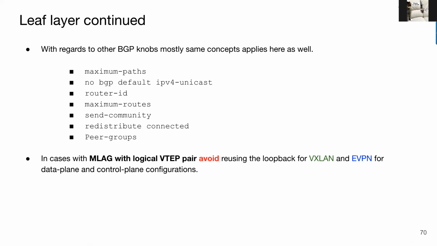Every VTEP is going to see, hey, this is an ARP request for me, and every VTEP will reply. And then next thing you know, that one host is going to be getting all of these ARP replies from all of these VTEPs across the domain, and you're going to see ARP flapping, where the router MAC is going to change, or you're going to see flapping between the virtual MAC and the router MAC.